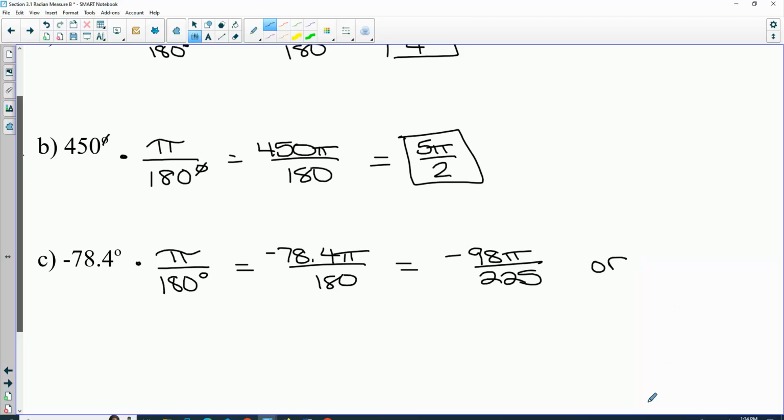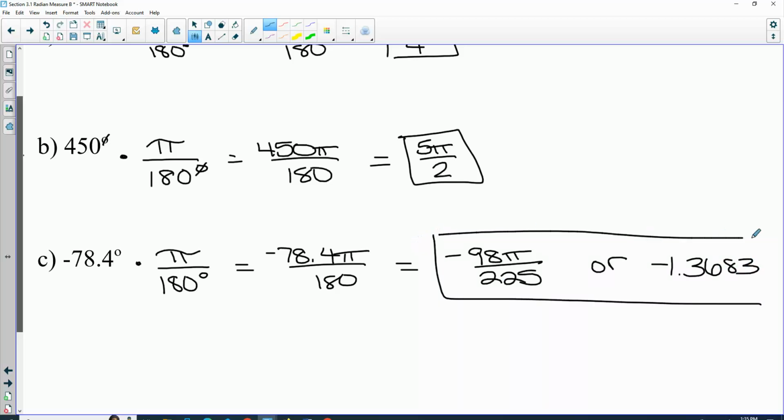Sometimes we're going to have some that are just ugly. In that case, you can also multiply out the pi. Most of the time we don't, especially if it's something nice like pi over 2. If you're getting a really ugly fraction, if you take negative 98 pi divided by 225, so using the pi button on your calculator, not estimating it at 3.14, that gives us negative 1.9, 0.683.